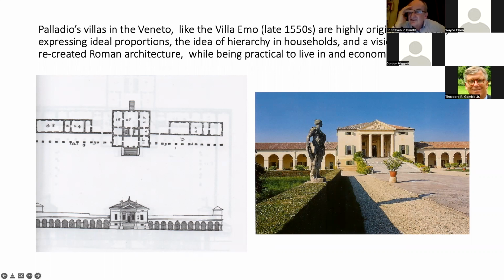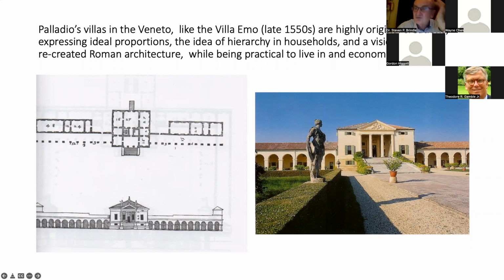Previously, Renaissance architecture in Italy had for the most part been about urban building types in urban contexts, and Palladio developed in a highly original way this approach to designing villas which were at once highly practical, centers for villa estates. They were practical, they were economic to build, but they embodied perfect classical proportions in their plan and in their elevations and section, and they embodied a rigorous approach to the use of the classical language of architecture and its application in domestic buildings like these.